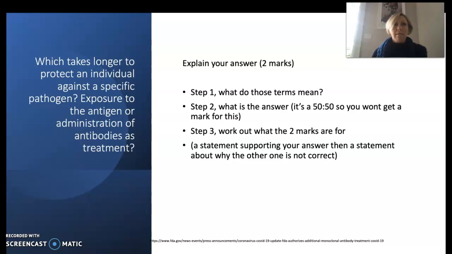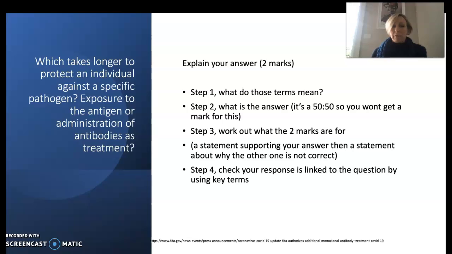Okay, so you're making a watertight argument, and that's where those 2 marks will come from. If there are specific terms in the question or in the study design, please use those. Okay, so we're talking about types of immunity here, so it would be really good if you could use those types of immunity in your response. Press pause for 2 or 3 minutes while you construct an answer, and then join me again.